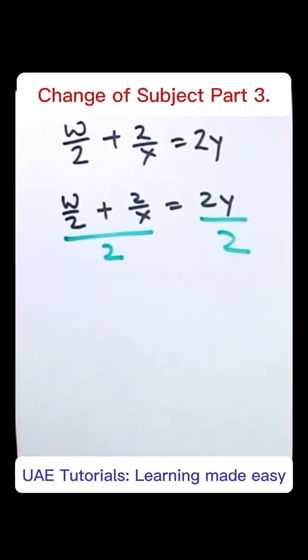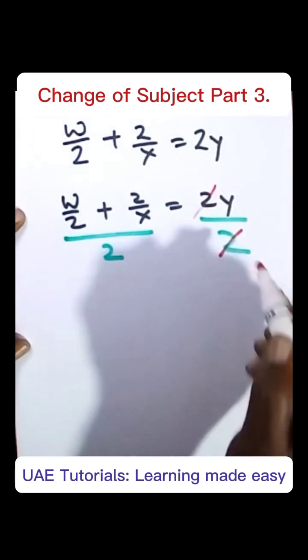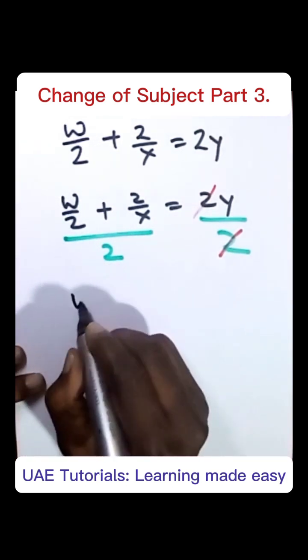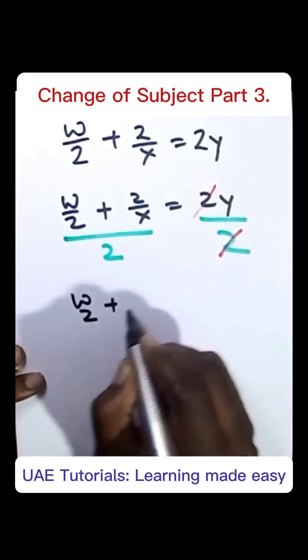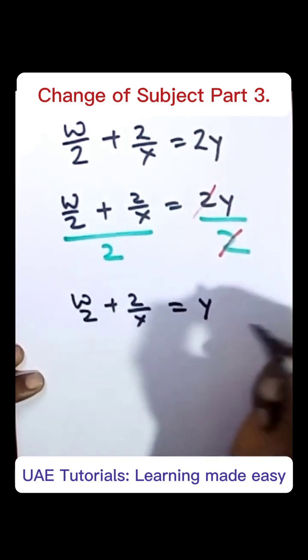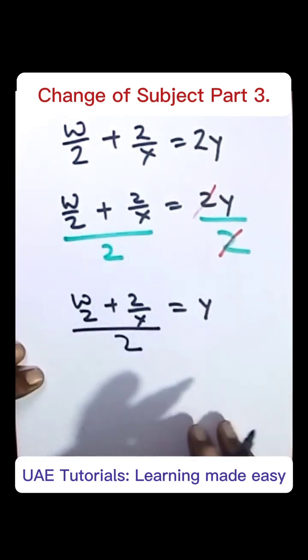We did that because we want to knock off this 2. So our answer is w over 2 plus 2 over x equals y. Sorry, this side all over 2.